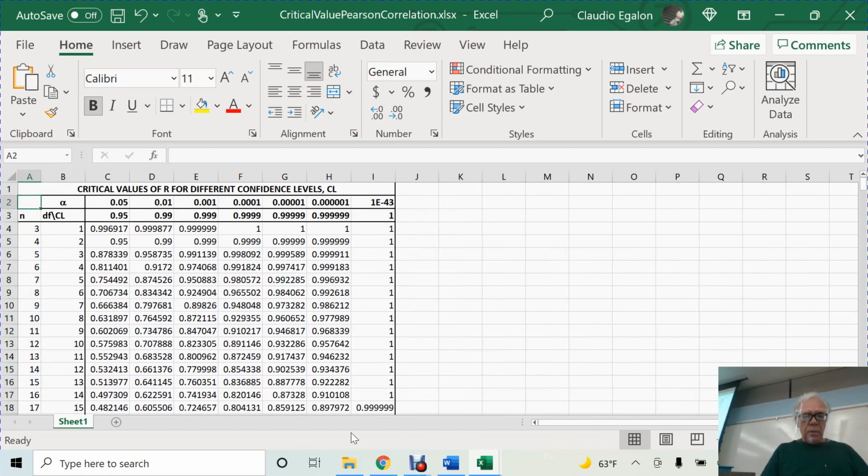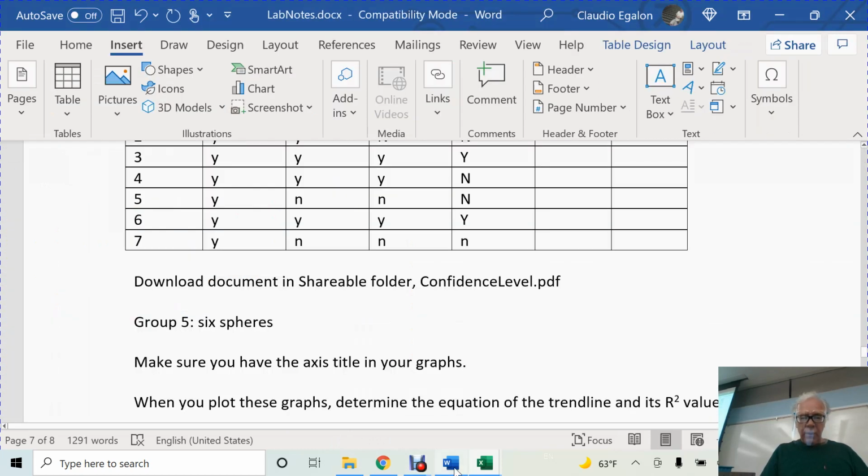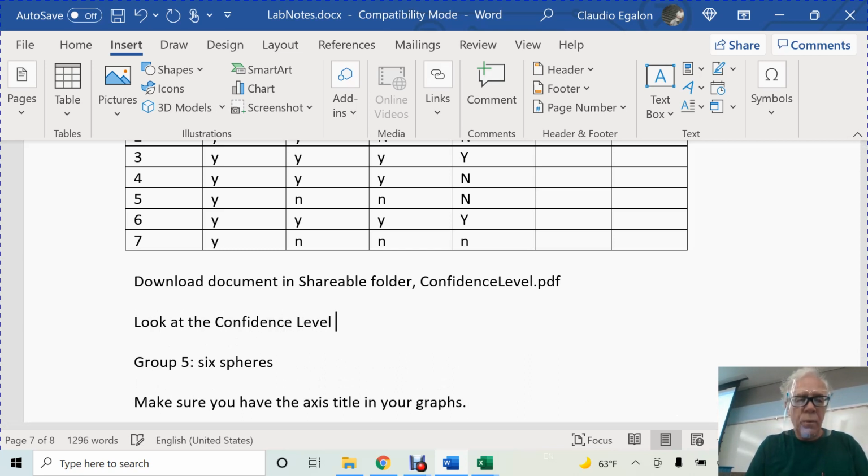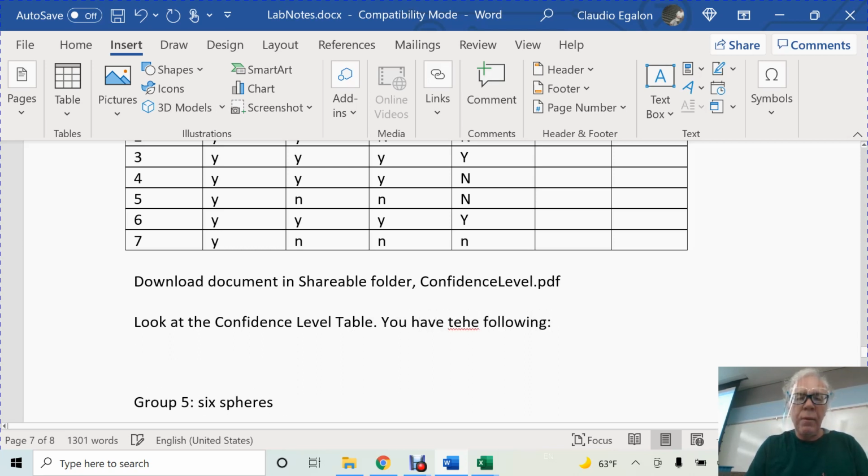Okay. Look at the CL table. I'm gonna write it down. Look at the confidence level table. You have the following. One column for n.